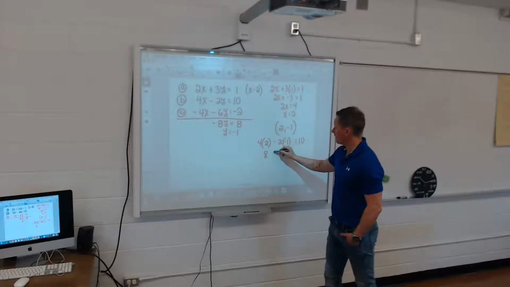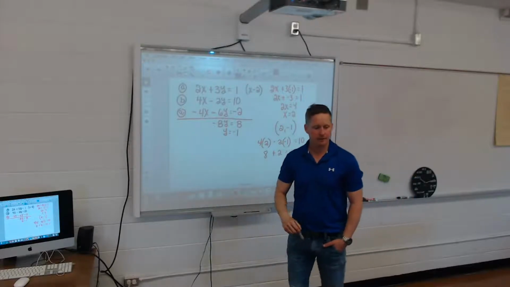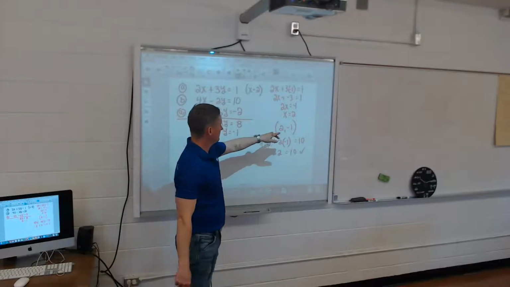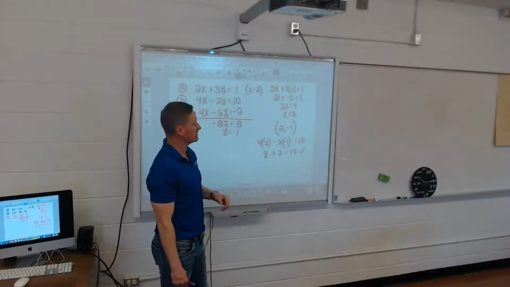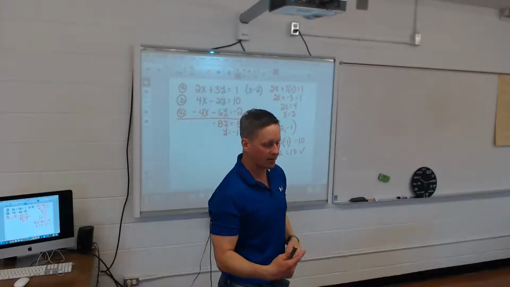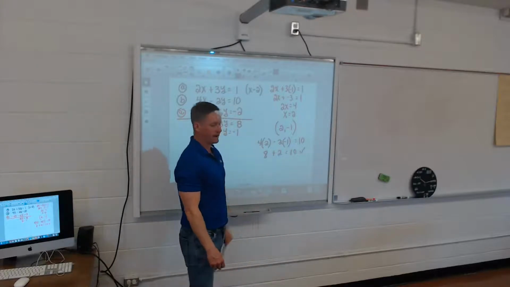Minus 2 times -1, that's plus 2, equals 10. I've got it right. So when the coordinate is put into either one of these equations, the left side is going to equal the right side, meaning that coordinate is on both of those lines. And that's the correct answer, 2 and -1.